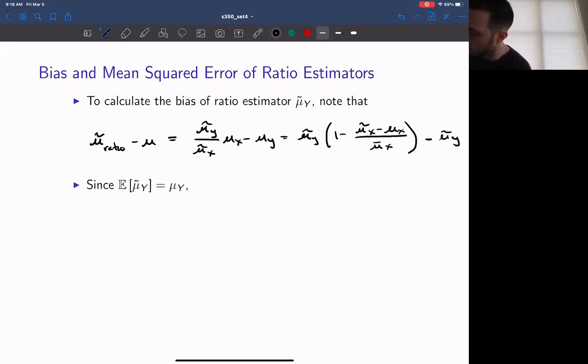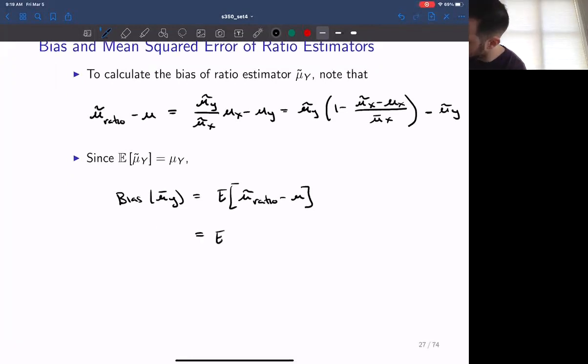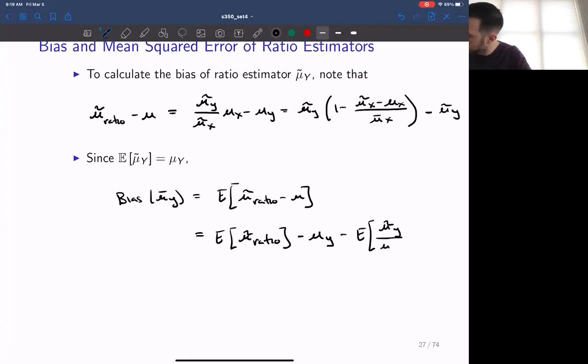Okay, and then what we can show is that the bias of mu bar y is equal to the expected value of mu tilde ratio minus mu, which is equal to the expected value of mu tilde ratio minus mu y, minus the expected value of mu tilde y over mu tilde x multiplied by mu tilde x minus mu x.